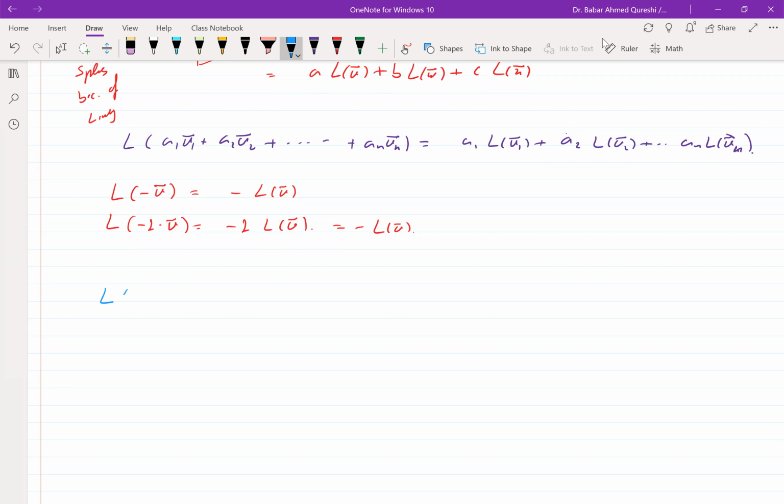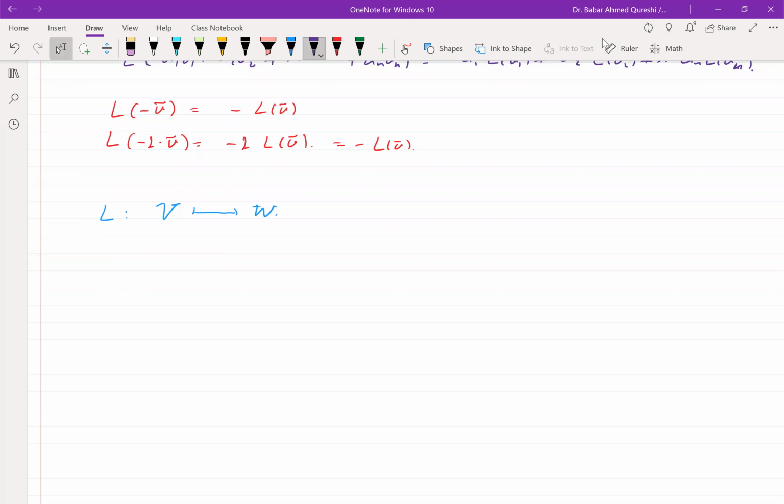If I take the zero vector, so I have a linear transformation from some V to W, a general one. W could be the same space or some other space. Then first of all, it's defined for all vectors in V. You cannot leave out anyone.